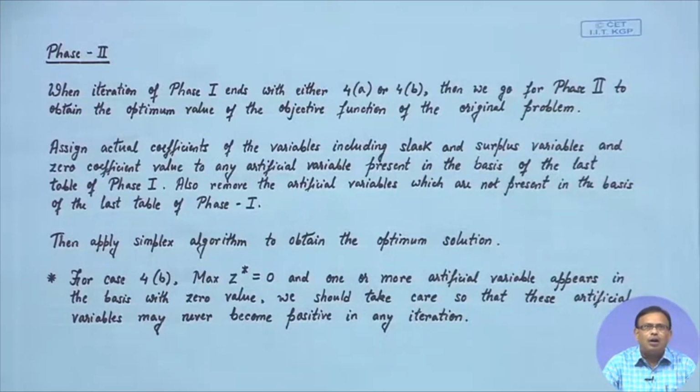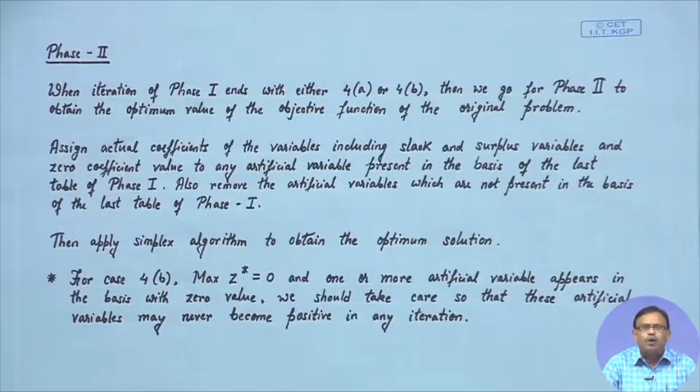to obtain the optimum value of the objective function of the original problem. Now, you assign actual coefficients of the variables, including slack and surplus variables, and 0 coefficient value to artificial variables present in the basis of the last table of phase 1.